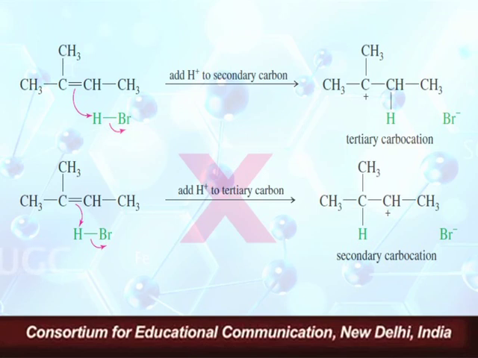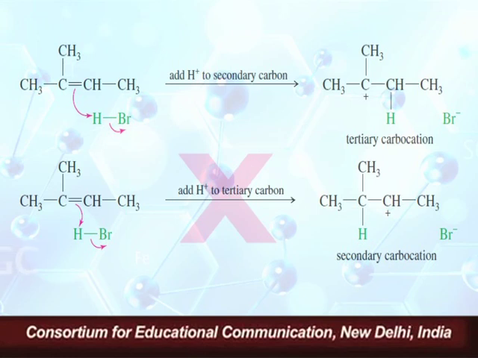And we know that tertiary carbocations are more stable as compared to a secondary carbocation. Hence, the tendency will be the formation of the tertiary carbocation. Since the tertiary carbocation is more stable, this reaction will also be favored kinetically, since the energy of the tertiary carbocation is lower as compared to a secondary carbocation.